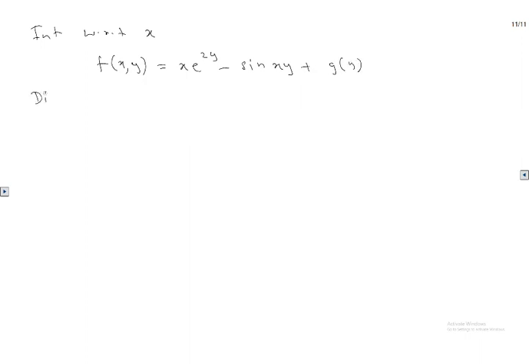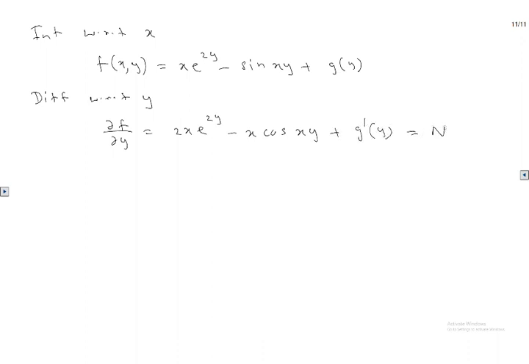Now we're going to differentiate with respect to y. So you get the partial derivative of f with respect to y equal to x e to the 2y minus, take the derivative with respect to y. So x comes out and sine becomes cosine xy, plus g prime of y.